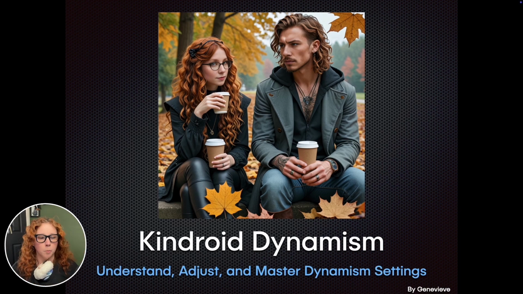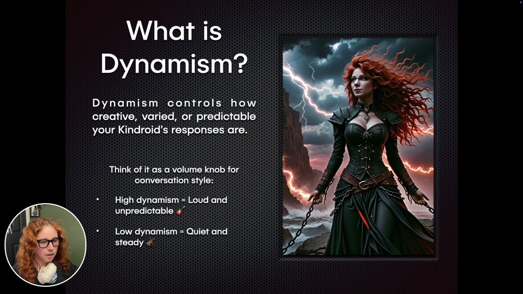Okay, so Kindroid Dynamism. Understand, adjust, and master dynamism settings. What is dynamism? Dynamism controls how creative, varied, or predictable your Kindroid's responses are. Think of it, this was my interpretation, as a volume knob for conversation style. High dynamism is loud and unpredictable. Low dynamism is quiet and steady.